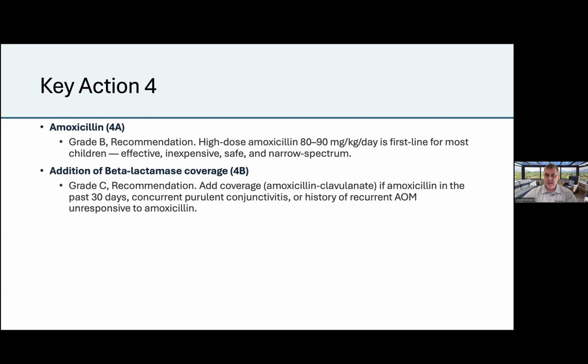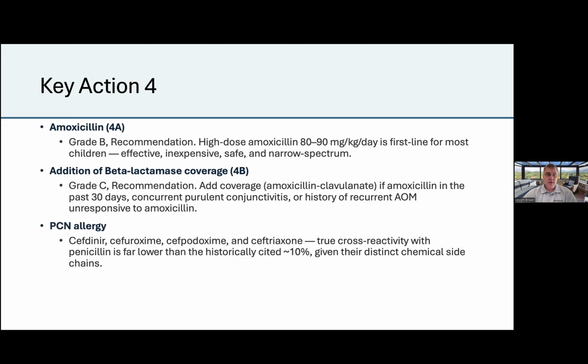If amoxicillin isn't appropriate, and we'll get into the ones where that may be the case, you can add beta lactamase coverage, Augmentin being our go-to for that. If they have a true allergy, we can look specifically at cefdinir, the molecular structure being different enough that it should be safe for those with penicillin allergies.